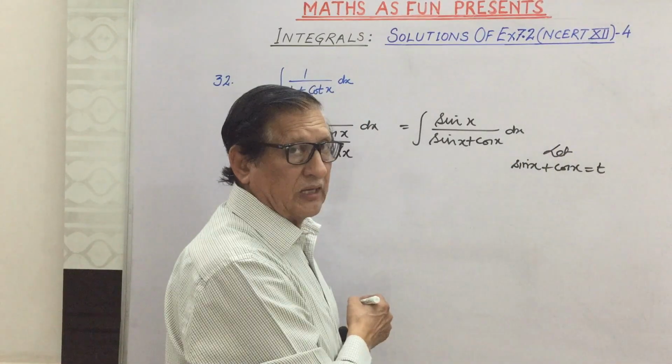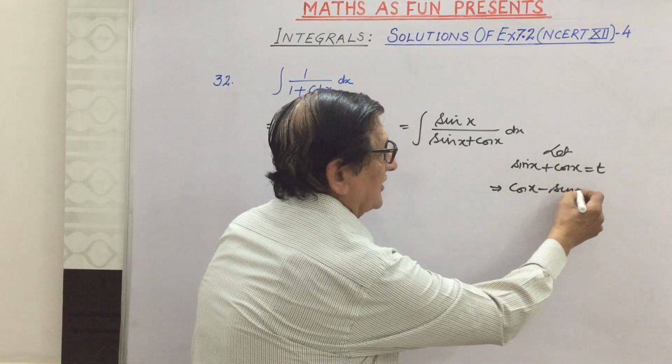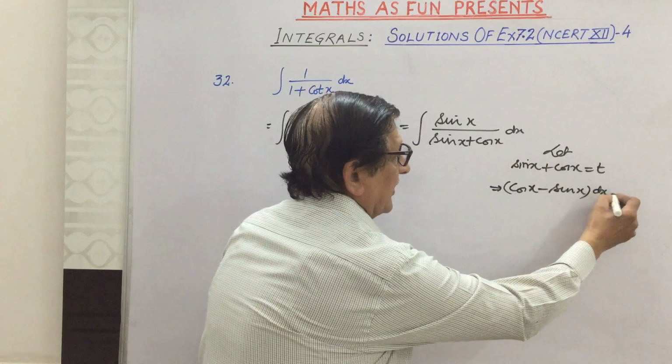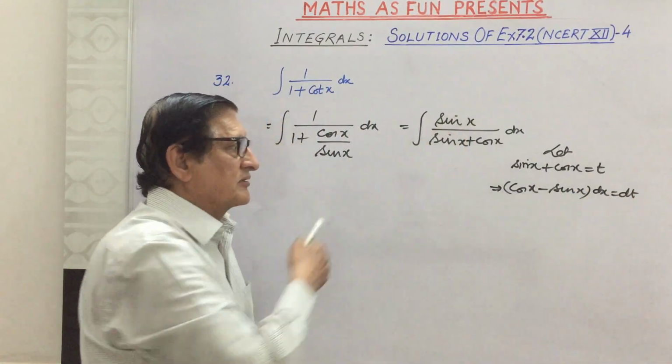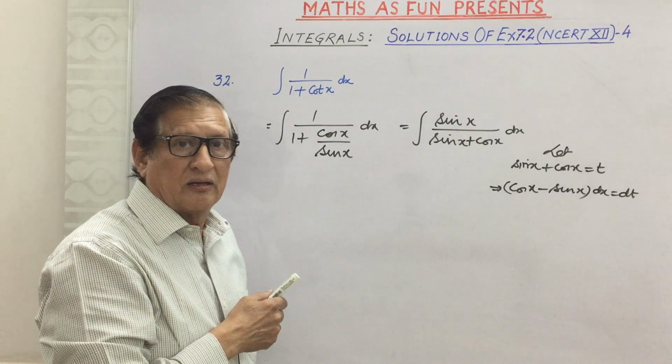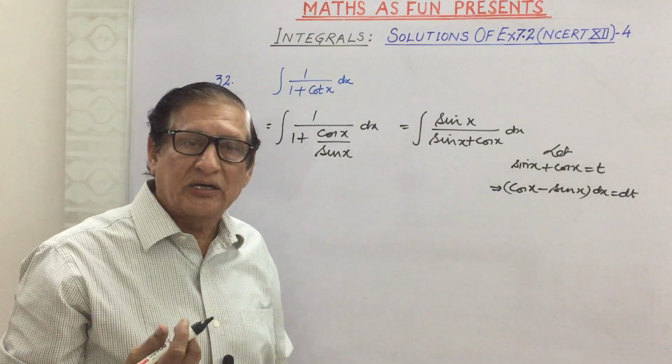Differentiating this, we get cos x minus sine x dx as dt. But here in the numerator we have only sine x.